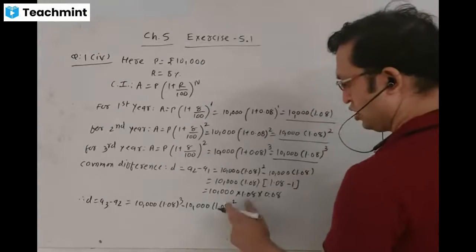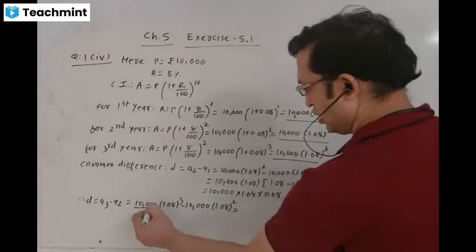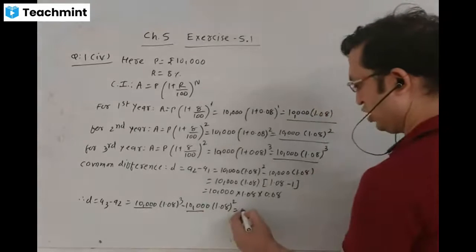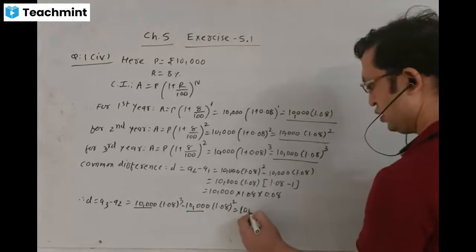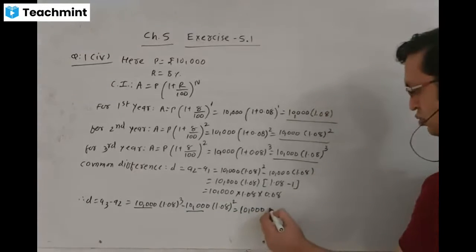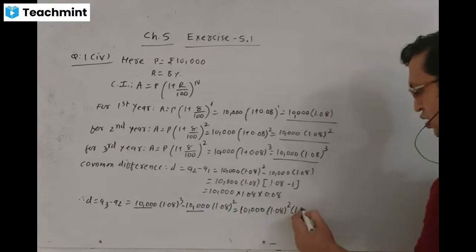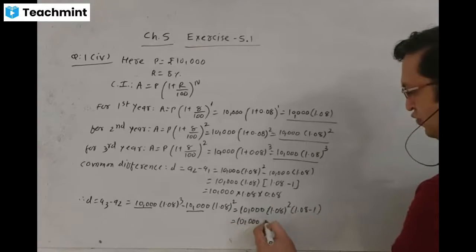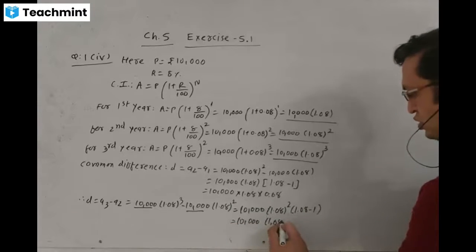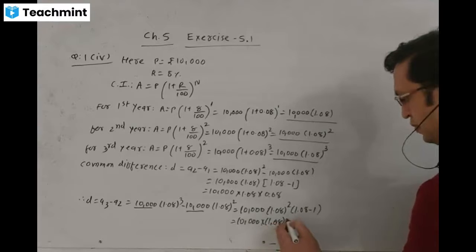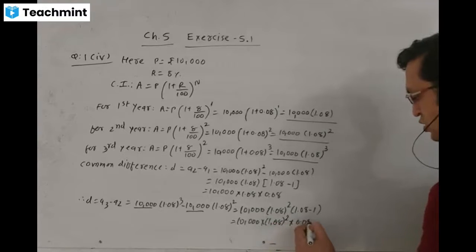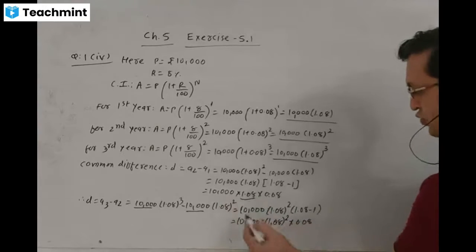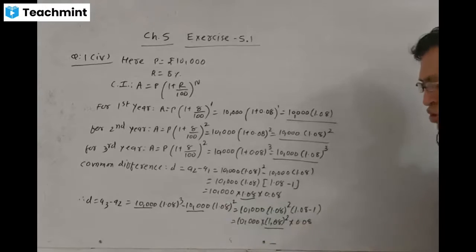Here 10,000 and 1.08 squared are common, so it is 10,000 into 1.08 squared into (1.08 minus 1). The common difference is 10,000 into 1.08 squared multiplied by 0.08. Here 1.08 appears one time, and there it appears two times.